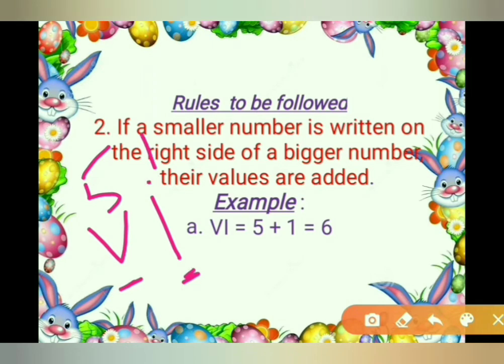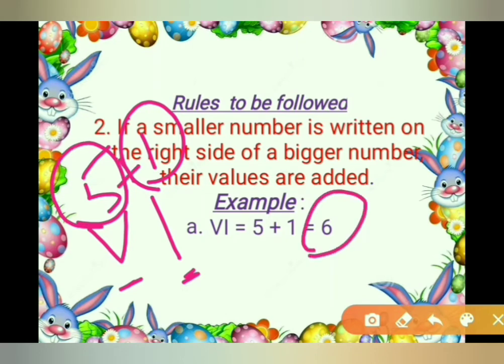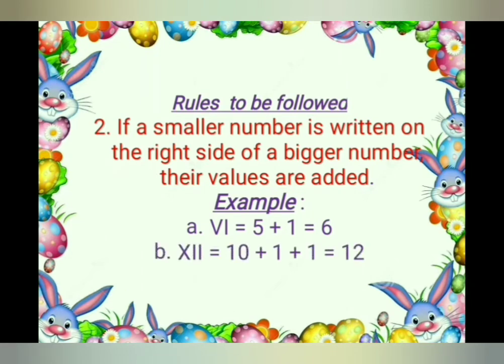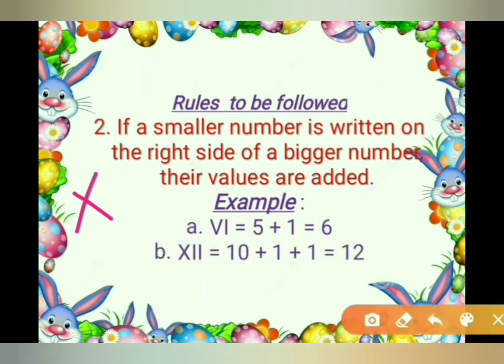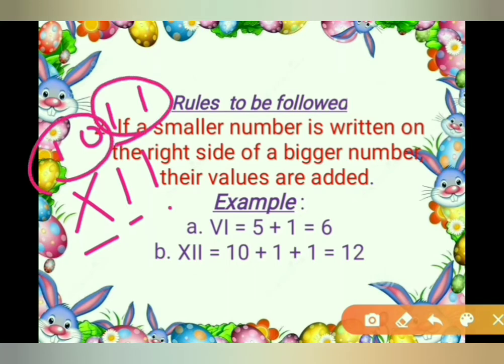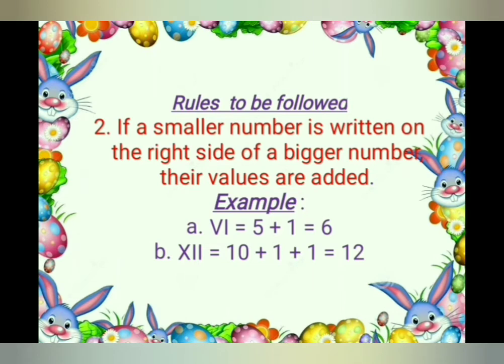When a smaller value is written on the right side of the greater value, those values should be added. So 5 plus 1 equals 6. And next, value of X is 10, value of I is 1, value of the other I is 1. So smaller values are written at the right side of the greater value, so all three values should be added. So 10 plus 1 plus 1 equals 12.